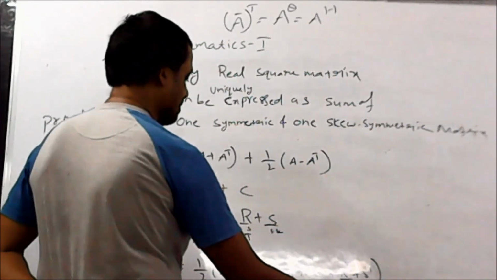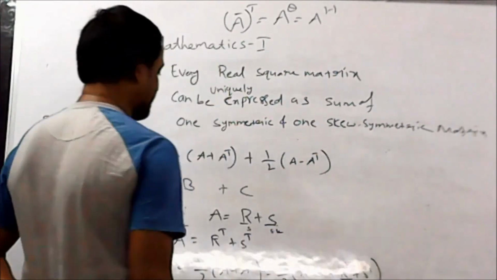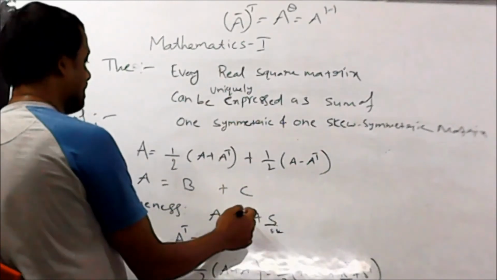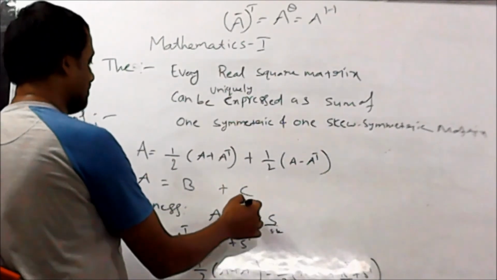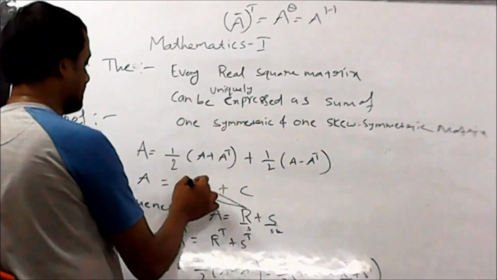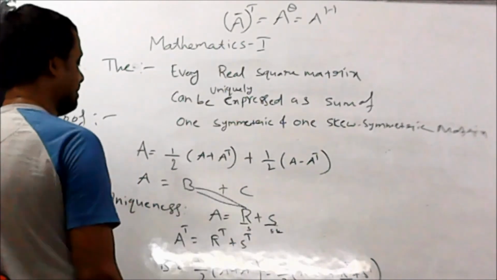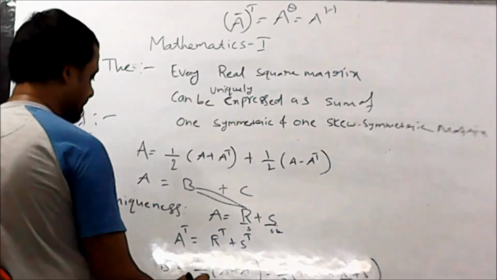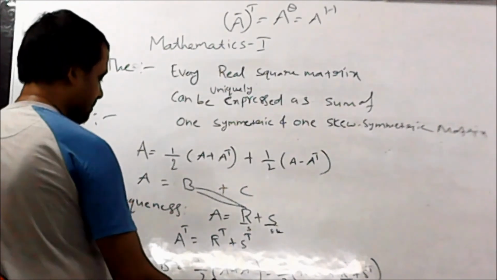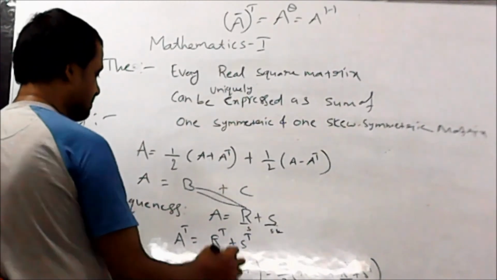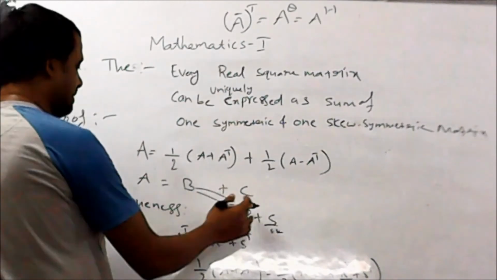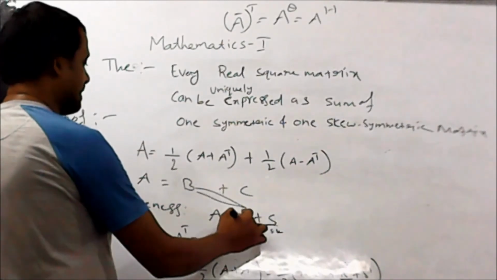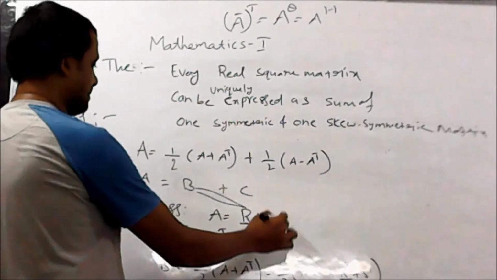Remaining is 2R by 2, which means R. So whatever other way we assumed to express A as R plus S, R is nothing but B only. Similarly, you can take C as 1/2 (A minus A transpose). If you substitute what is A, what is A transpose, you will automatically get C as S. So R is nothing but B, S is nothing but C.